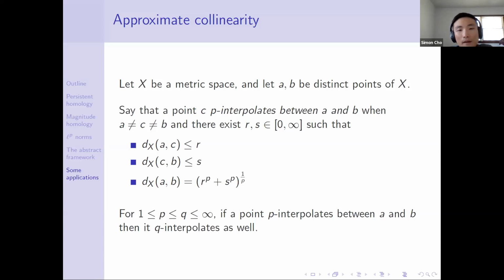As you increase P, you make this condition looser and looser. And so if a point is loosely interpolating for a value of P, then for a greater value of P it should still be considered interpolating, because the condition is looser.